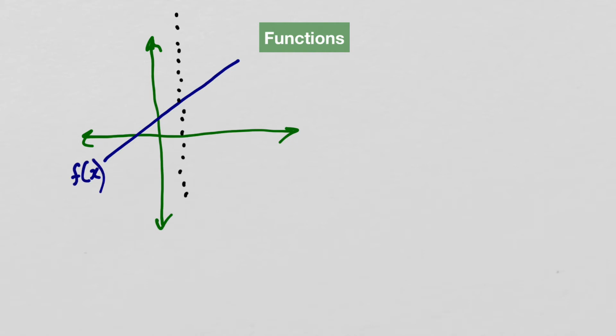I'll explain that notation in a minute. f of x is a function as long as you draw a vertical line through any part of the function and it only crosses it at one point, then it's a function.